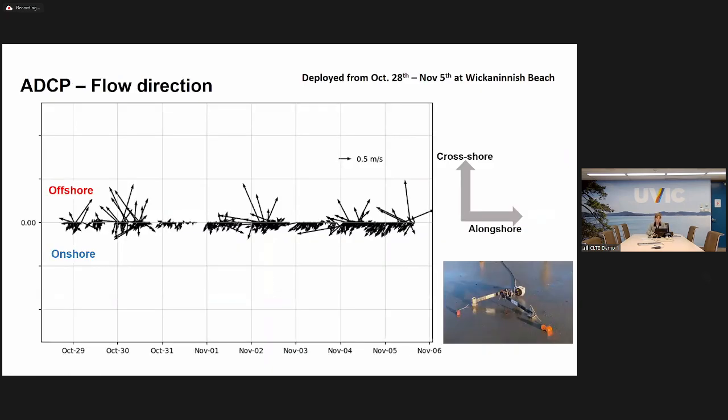And in doing a quiver plot of the flow direction over the ADCP, that is indeed what we see. We see this sort of background flow of smaller arrows, so a kind of a background onshore velocity. And then we have these intermittent periods of very strong offshore velocities, which is what we would be expecting a rip current flow to show up as in this data.